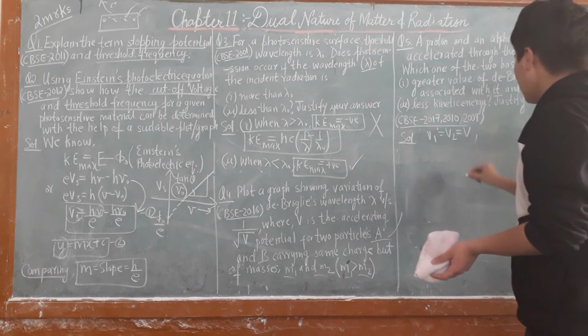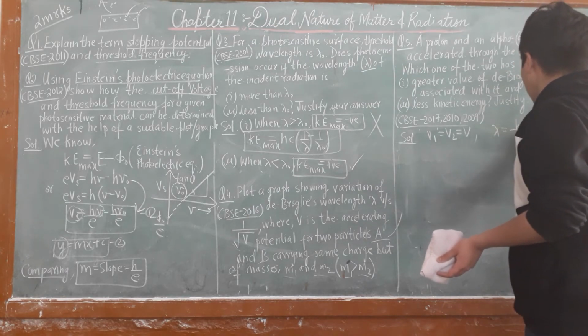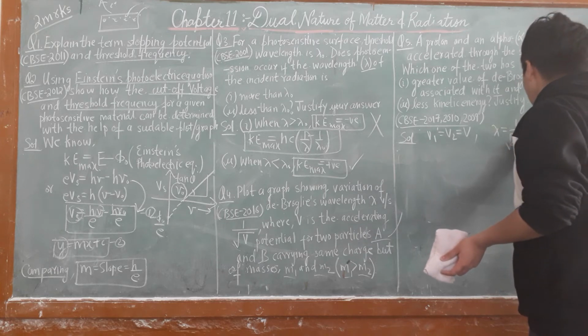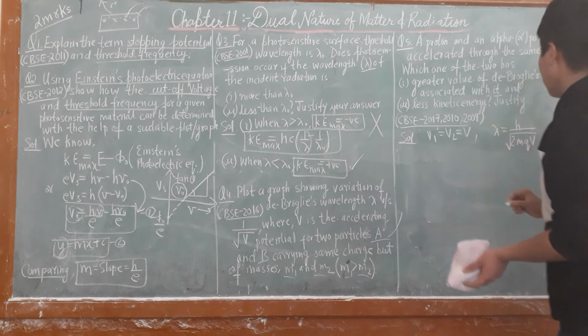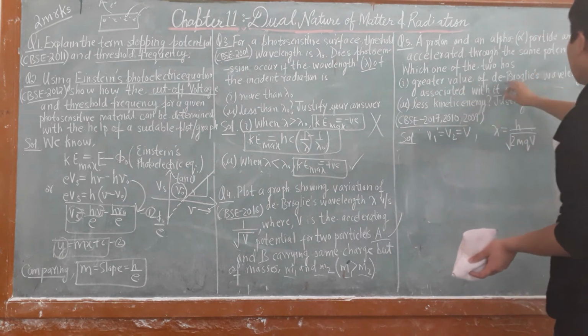So lambda is equal to h upon under root 2 m q V. The formula is very important. Which one has greater de Broglie wavelength?